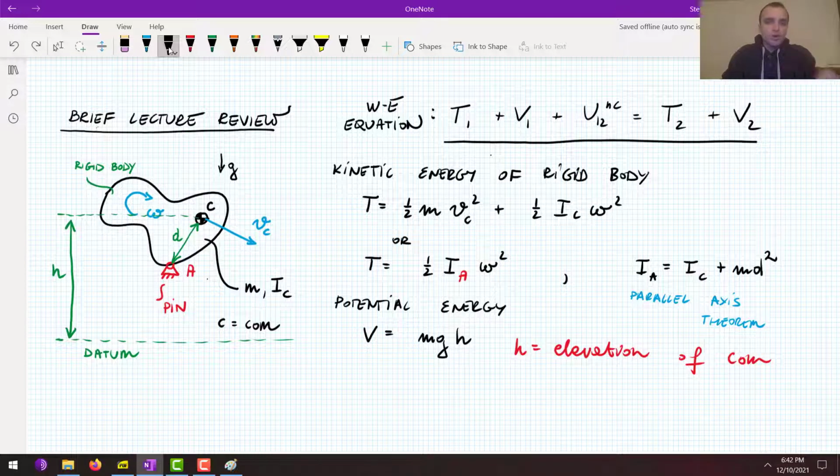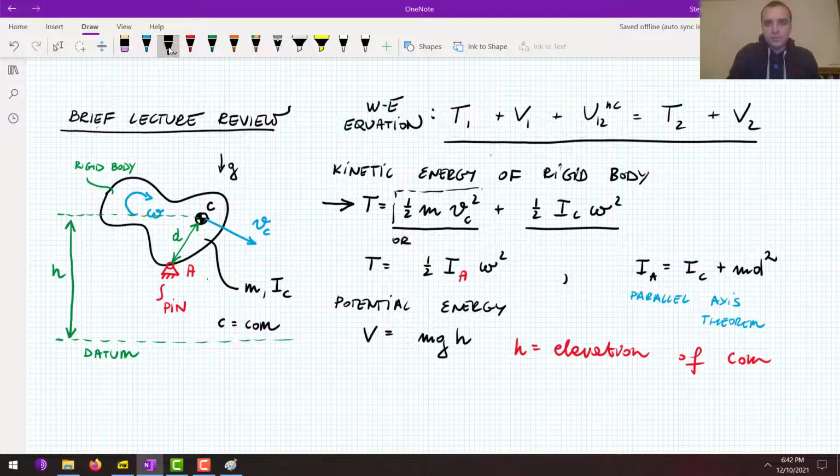Great. With all of this information known, we can write down the kinetic energy of our rigid body. It will be half m vc squared plus half Ic omega squared. The first part is called linear kinetic energy, and the second part is called rotational kinetic energy.